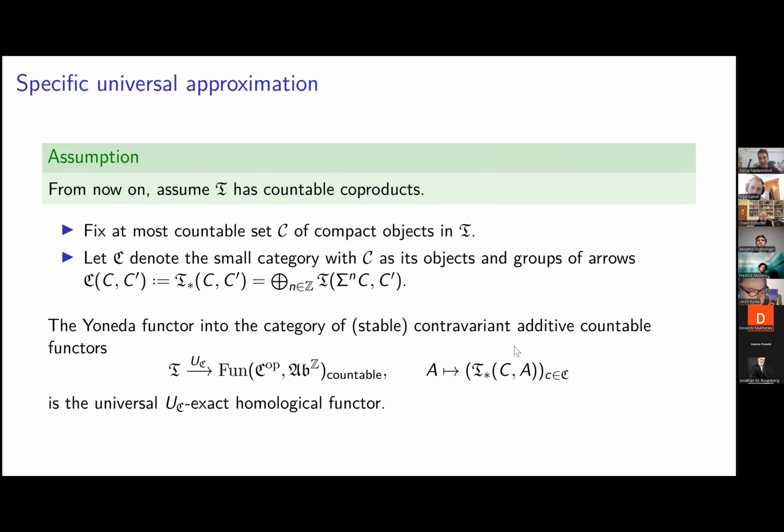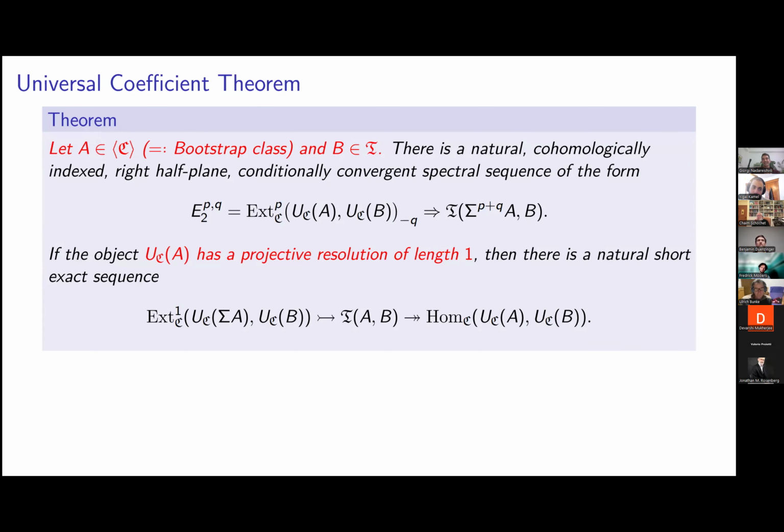So, okay, why is this good? Now, I have this universal invariant, the universal homological approximation of some U, and then there is a very general universal coefficient theorem, in a very general setting, stating this.